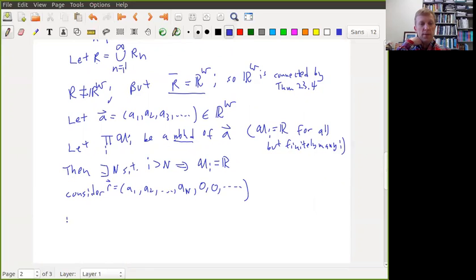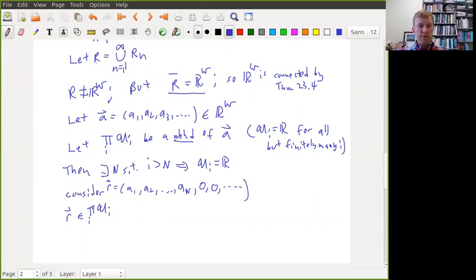This r is in this product, because it's a neighborhood of A, so the first N coordinates are in the first N factors, and after that the coordinates are in the reals, so they can be anything we want. So we just made them equal to 0.